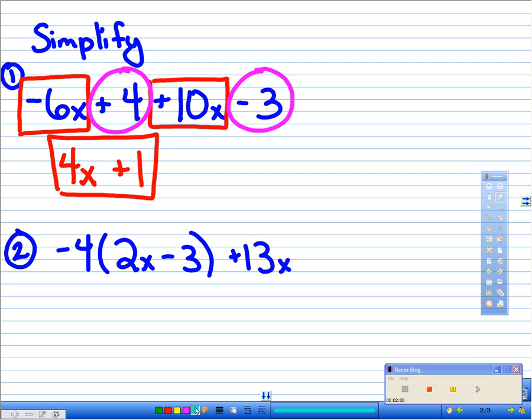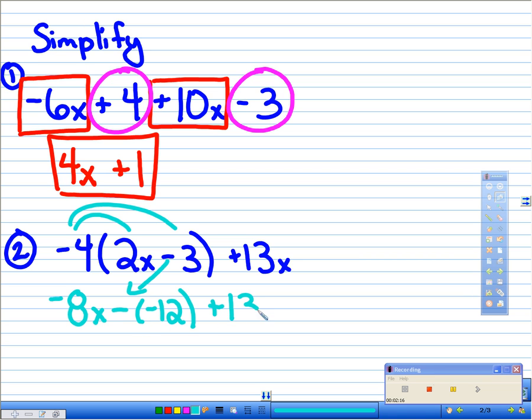For the problem below, we first need to use the distributive property. -4 times 2x is -8x. Carry down my subtraction sign. -4 times 3 is -12. Plus 13x. The one thing I would do is that minus a negative is the same as adding.